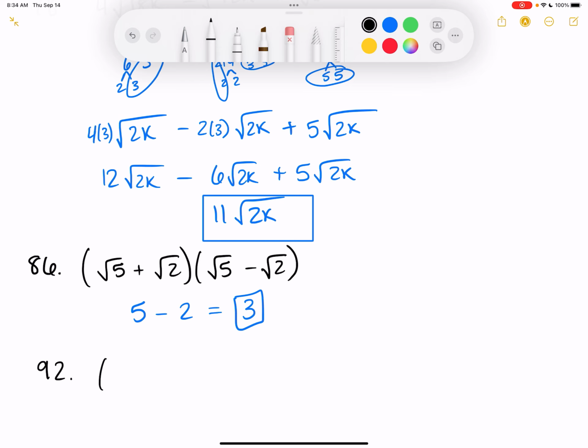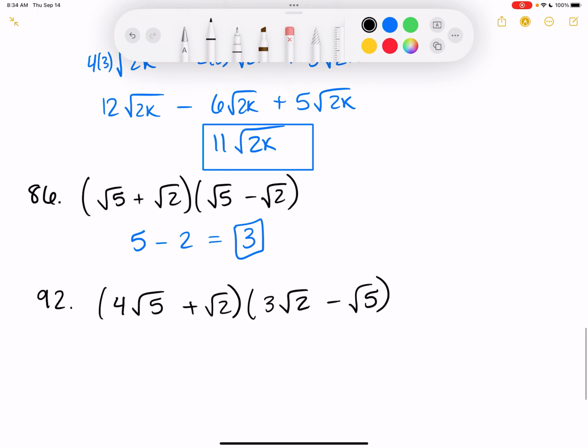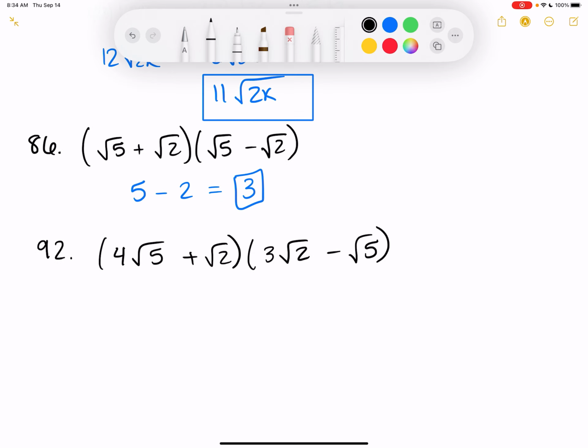92. 4 square root of 5 plus the square root of 2 times 3 square root of 2 minus the square root of 5. When we multiply radicals, we can multiply what's inside of them.